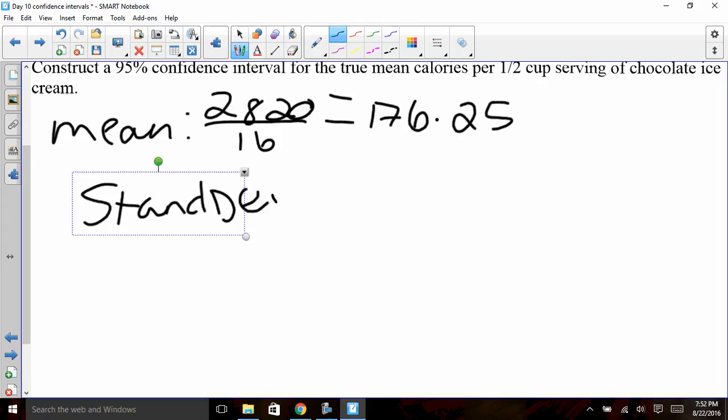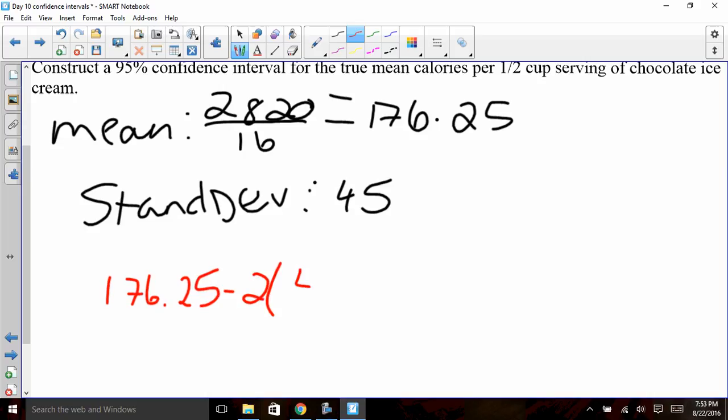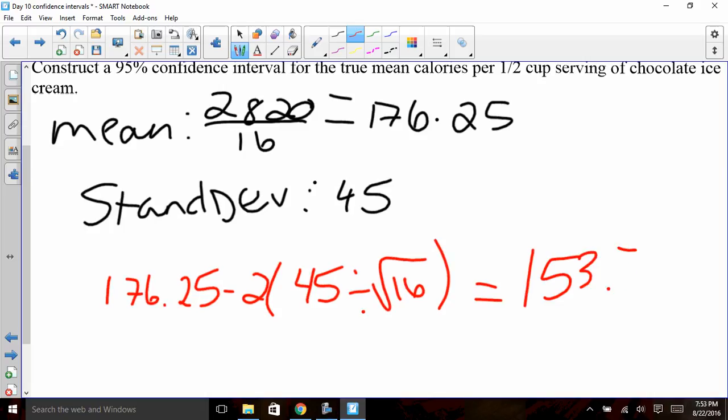So then again, standard deviation, it's 45. So then I take that 176.25 minus 2 times 45 divided by the square root of 16. That gives me 153.75.